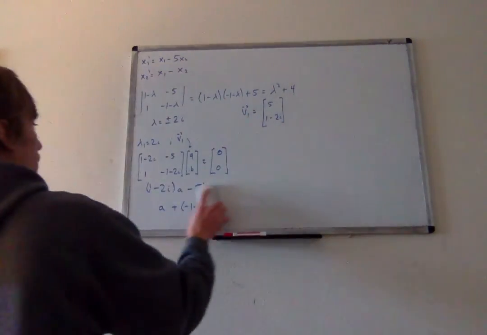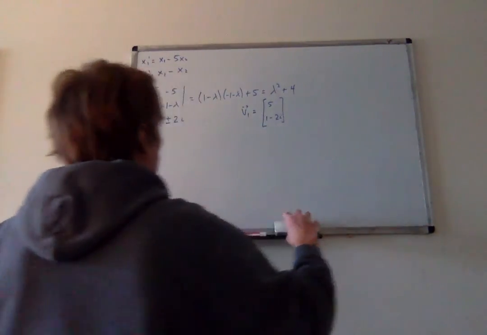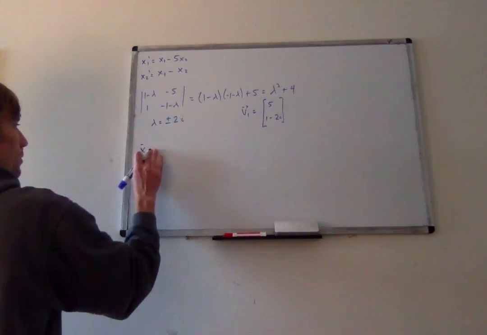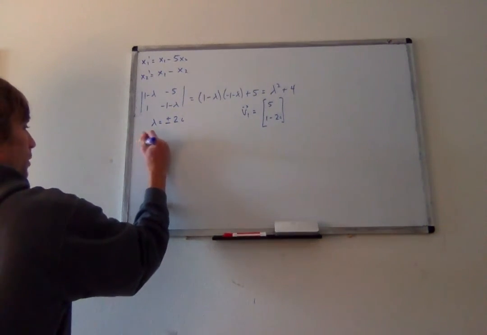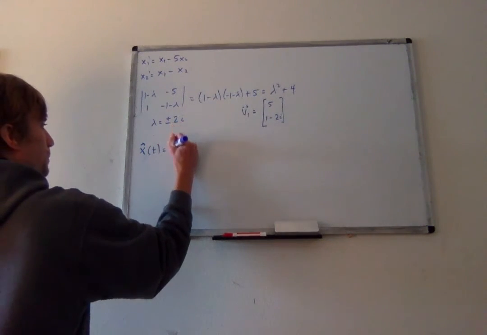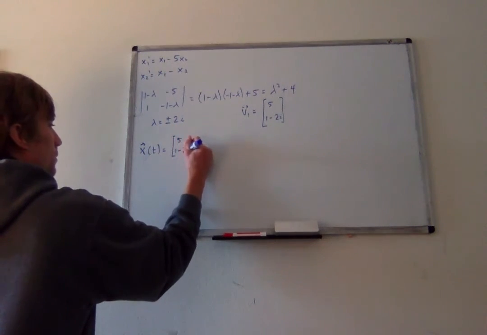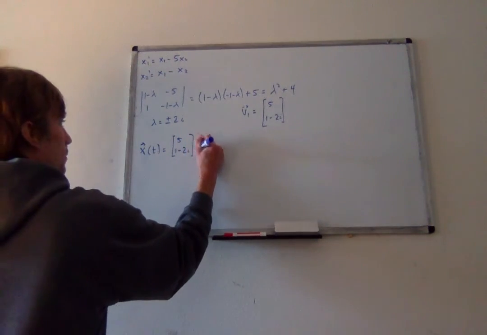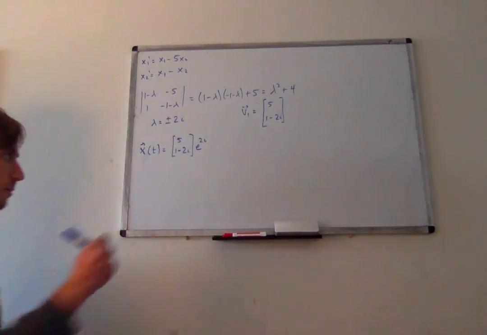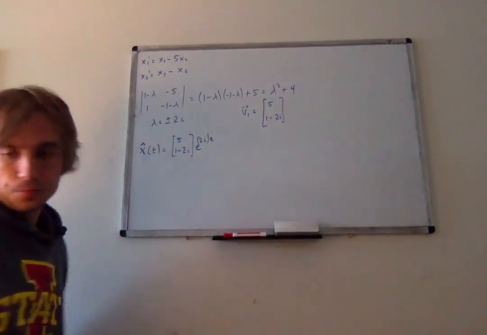All right. So given this, we know that a general solution will look like the following. e to the 2i times t.